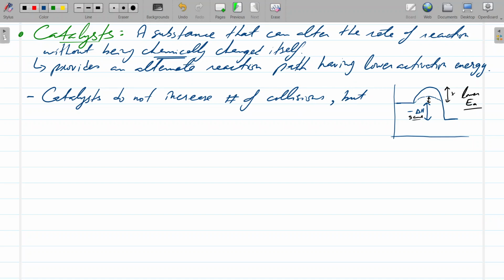But they cause more collisions to be successful collisions, which basically means that they're reacting. And that will increase the rate of the reaction.